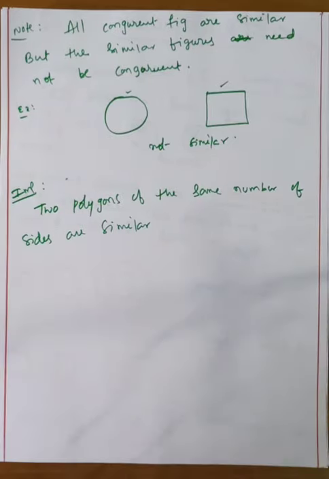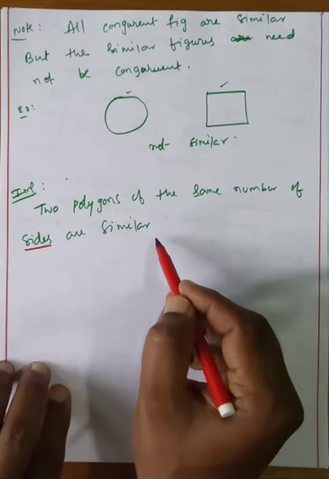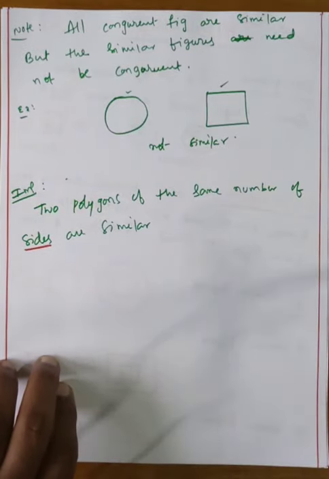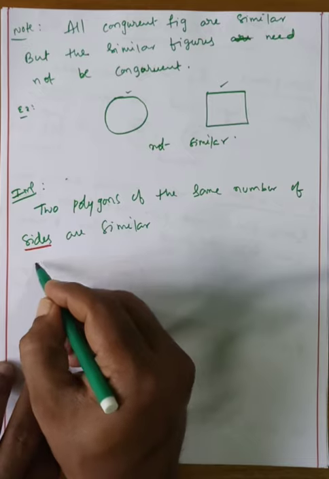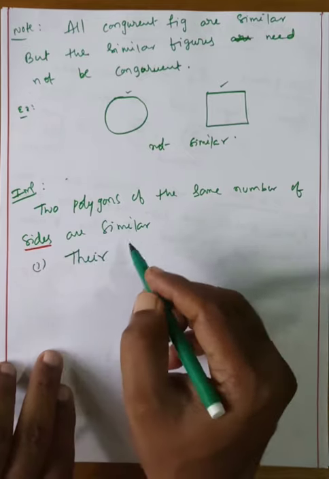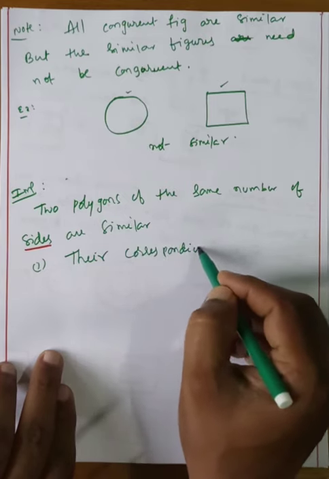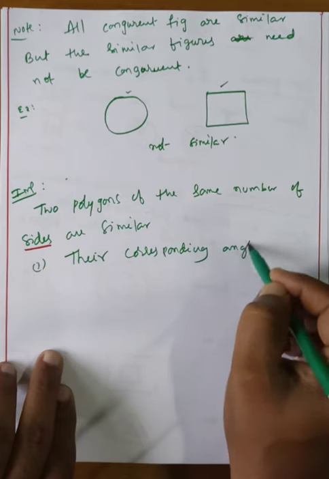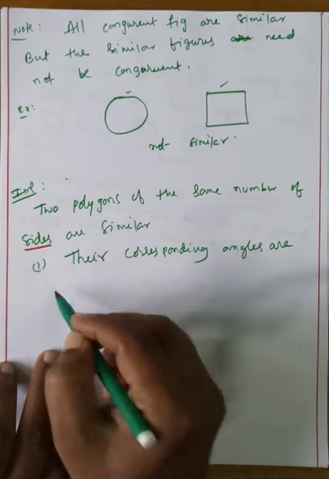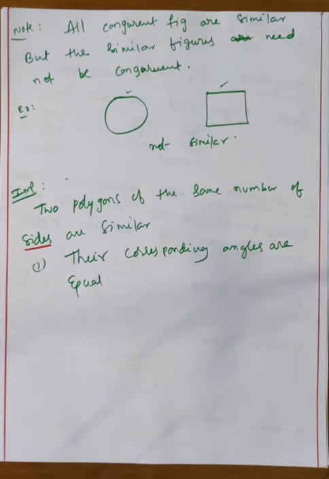Whenever you take two figures, they must and should have the same number of sides. Then, number one, their corresponding angles are equal. 100% corresponding angles are equal. Suppose here angle A is 90 degrees, and in this one also, corresponding means same position.